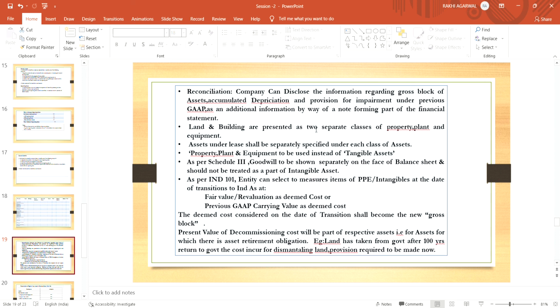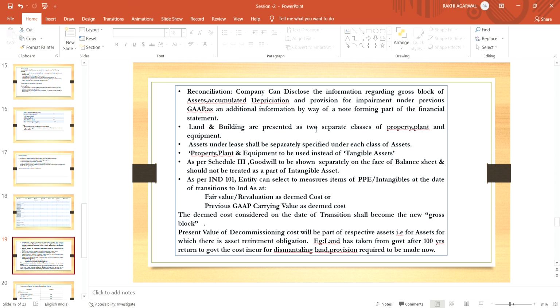So the building which is constructed on the land is to be dismantled after 100 years, because after dismantling the company should give the land to the government.